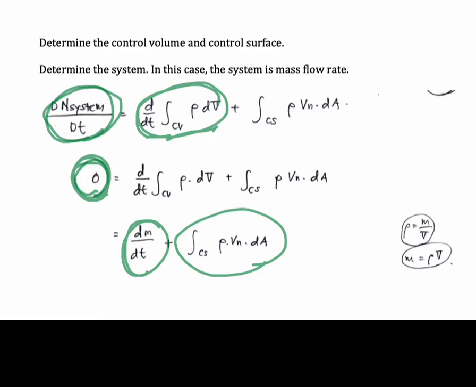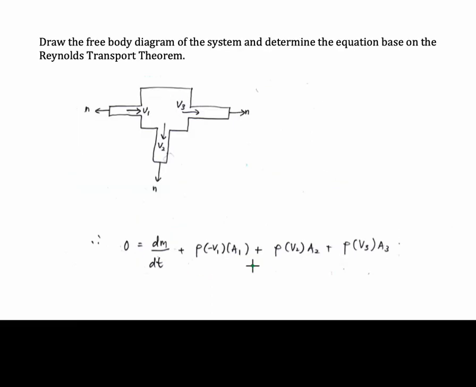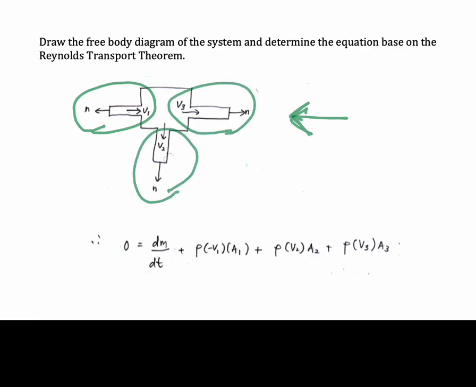Okay, if we see back our free body diagram of our control volume, this is our control volume. We have one input and two outputs here. It means that water may flow into this system, and then there is water at outlet 1 and outlet 2, but maybe there is some increment of mass inside this system.